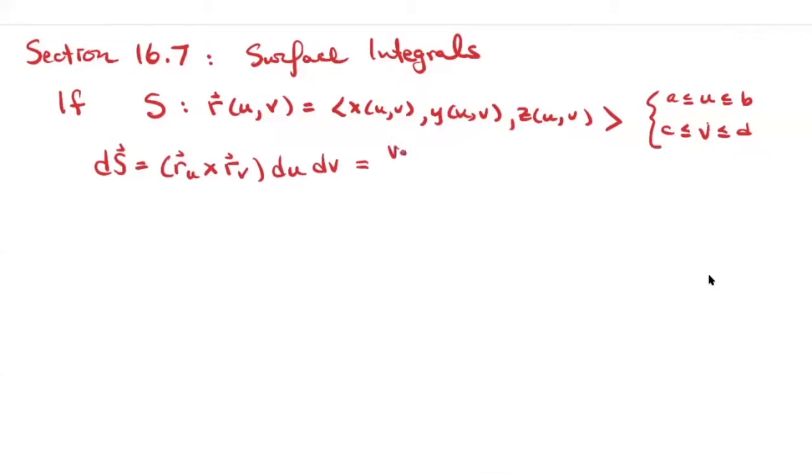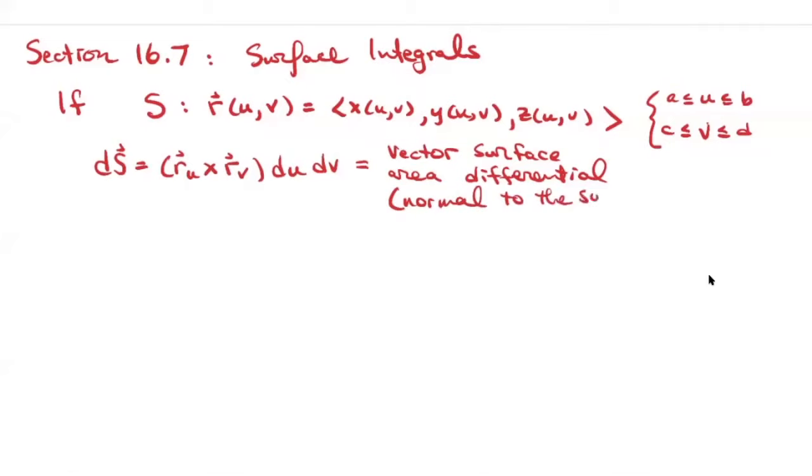So it's a vector surface area differential. And that means that it's normal to the surface. Cross product is always perpendicular to both vectors, and those are tangent vectors.